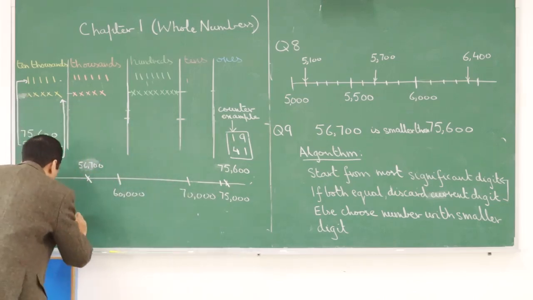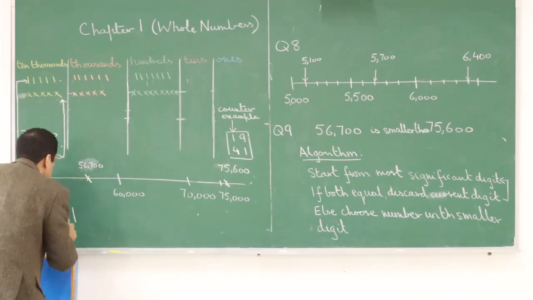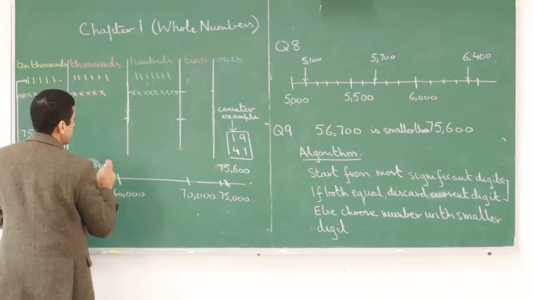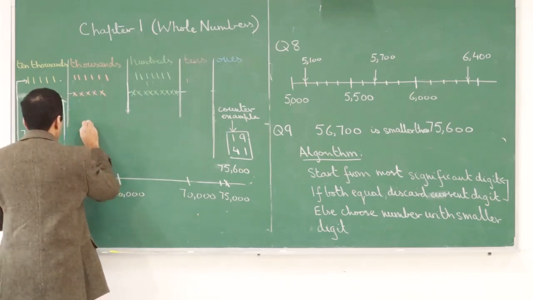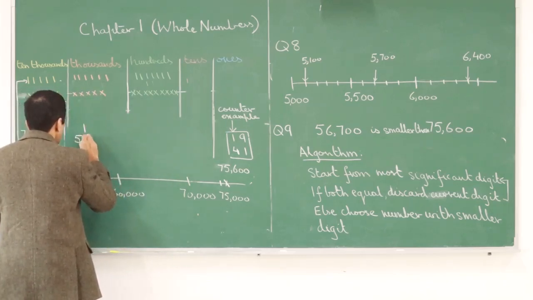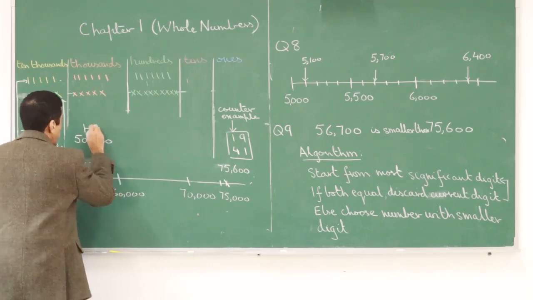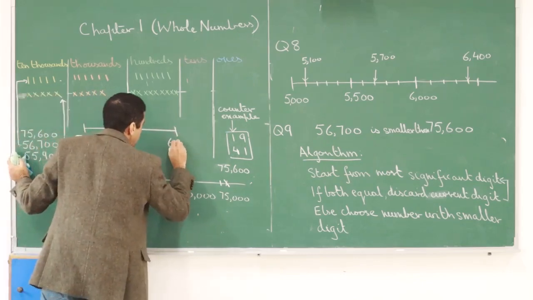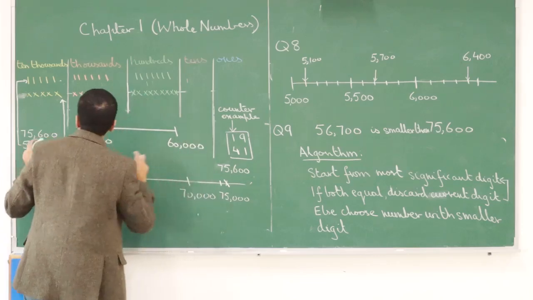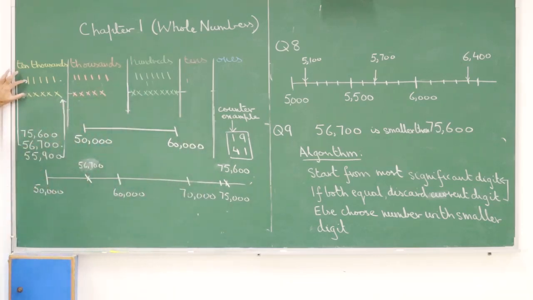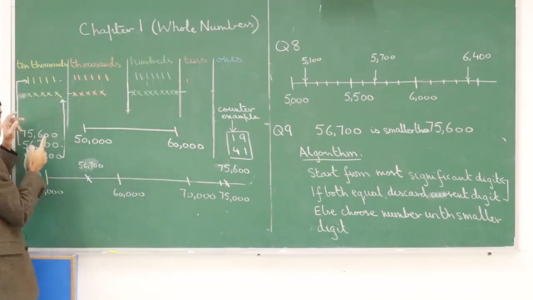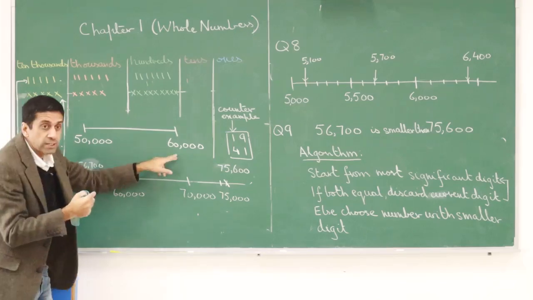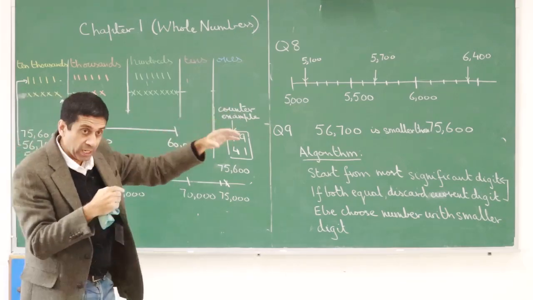Now, so what that means is, let's expand it out. This is 50,000, let's just expand it out here. So this is 50,000 and this is 60,000. As soon as you see the first digit being 5, both of them are 5, you know that your number lies between 50,000 and 60,000. Why? Because if a number were bigger than 60,000, it should have been 6 there, it should have been beyond this. But it's not.